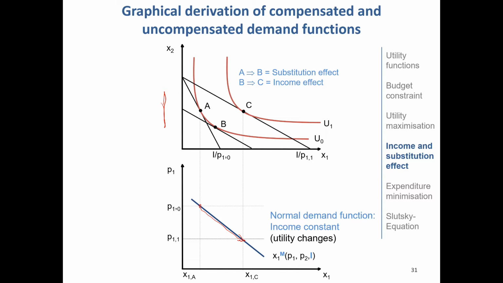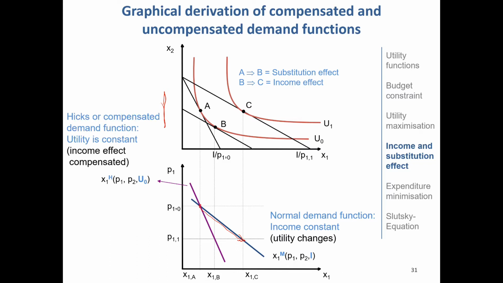Now, like what we just said in the previous slide, we can use expenditure minimization to estimate the movement from A to B. Here is how it works. From expenditure minimization, we will also arrive at a demand function for each good, a different demand function. This demand function is now called the Hicksian, or the compensated, demand function. Why compensated?